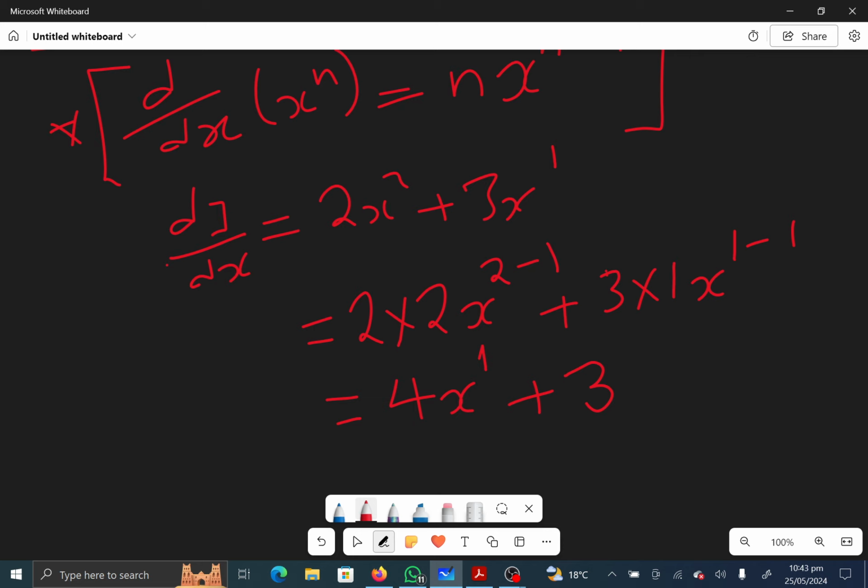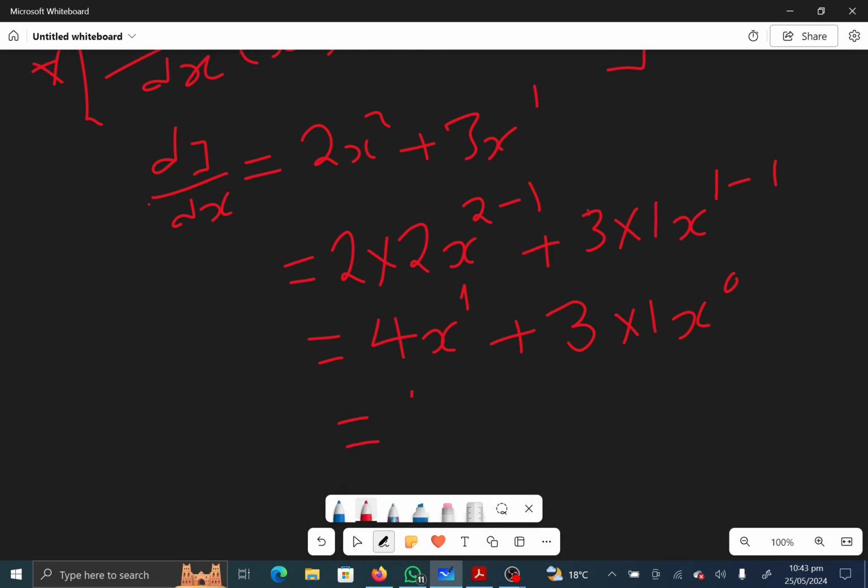Since every number raised to the power 1 is itself, 1 minus 1 gives us 0. So it will be 3x multiplied by 1, then x to the power 0.